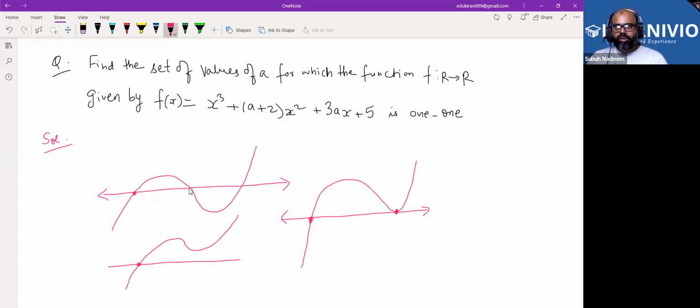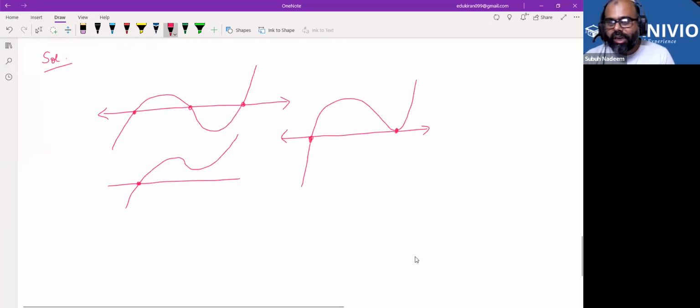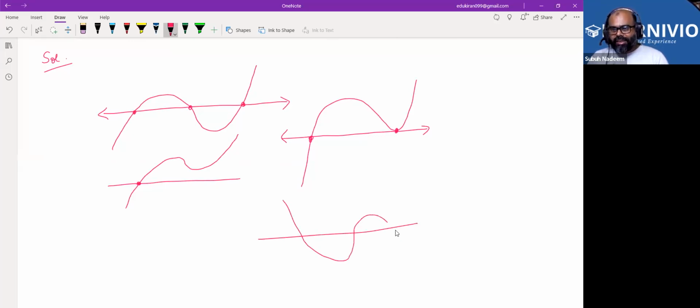So it can have 3 roots, it can have 2 roots, it can have 1 root. Or it may also be possible that the graph is like this, going from infinity to minus infinity instead of minus infinity to infinity. Since x cube, among all the other possibilities, a graph is simply like this.